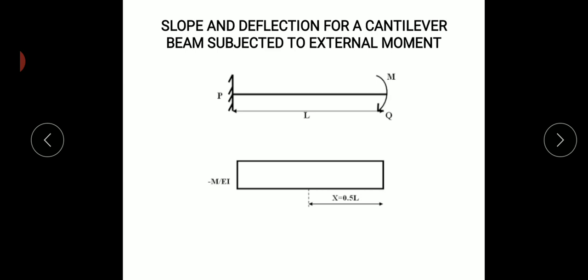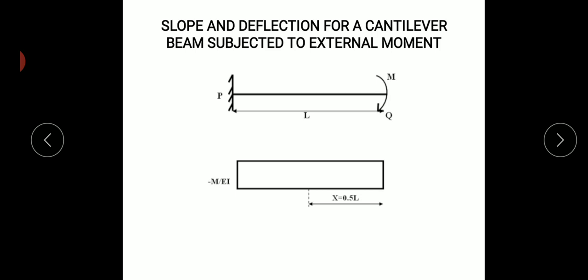Let me repeat it. I have considered a cantilever beam PQ of length L subjected to an external moment of magnitude M at the free end of the beam. In figure 2 you can observe the M by EI diagram.